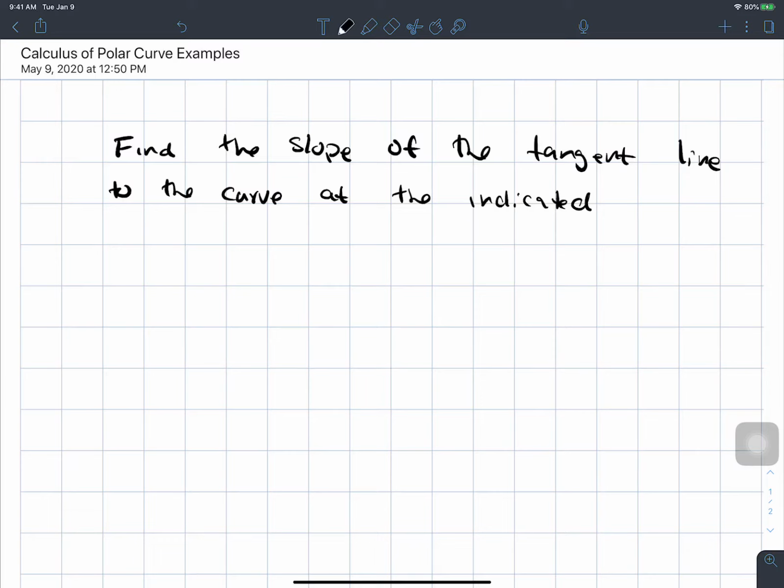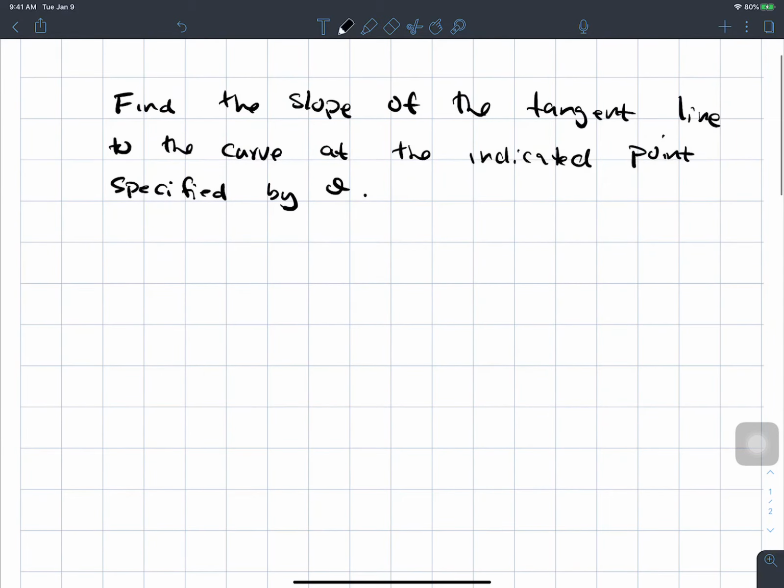So, okay, we can say at the indicated point. We don't even have the address though. Specified by the angle theta here. So we're going to go into some of those details.